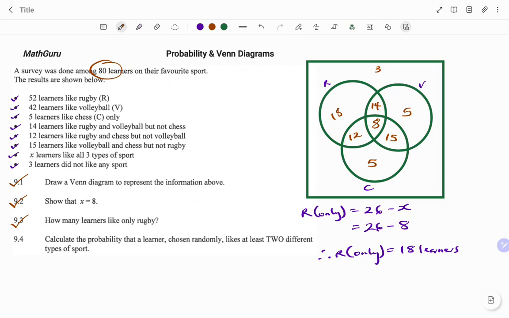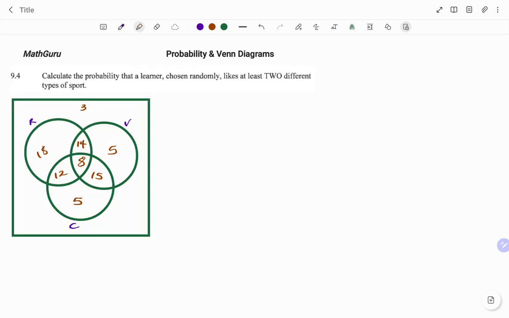The next question says, calculate the probability that a learner chosen randomly likes at least 2 different types of sports. The first step is to highlight all the learners that like at least 2 different types of sports, and that will be everywhere I have an intersection as shown. So I have P, at least 2 sports, equals the total number of players taking at least 2 sports, divided by the total learners.